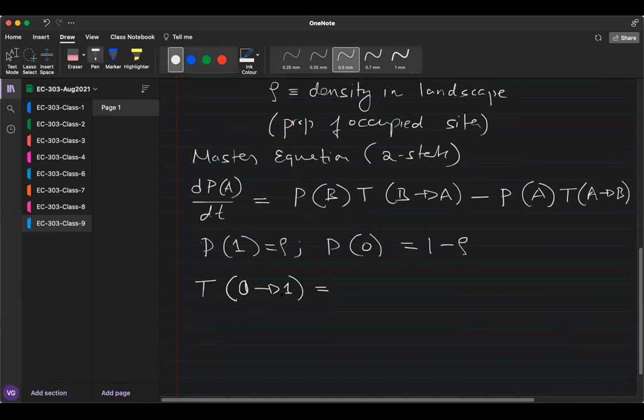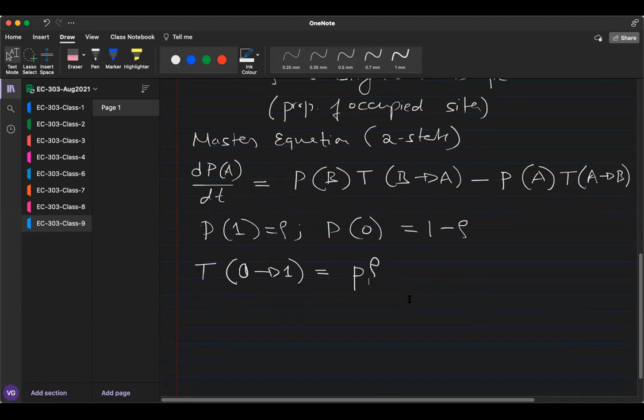The transition rate from 0 to 1: if it is 0, it becomes 1 with probability P, that's the birth rate P, and it also requires that the neighbor is occupied, and that happens with probability rho. And P of 10 represents the death, and the death doesn't depend on the density at all. So just 1 minus P.